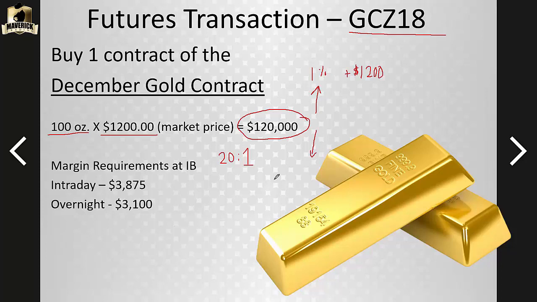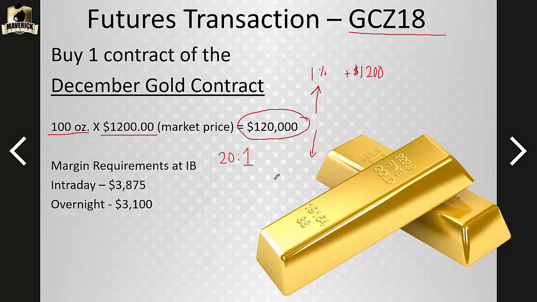So as you can see here, margin requirements for one gold contract at IB are above 30 to 1. The things that are more volatile are going to have higher margin requirements. And again, these margin requirements will change as the underlying price of the contract changes.